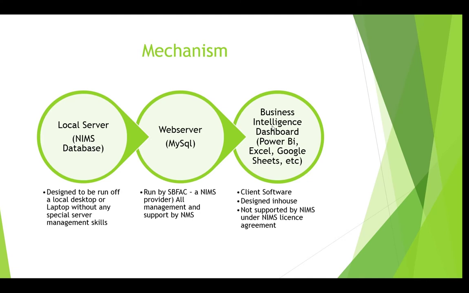Okay, so to summarize, what we're looking at is running NIMS off of the local desktop and local laptop as we've been doing, not requiring any special server management skills. Okay, all we need then is an internet connection, and that will automatically upload. Well, not automatically.